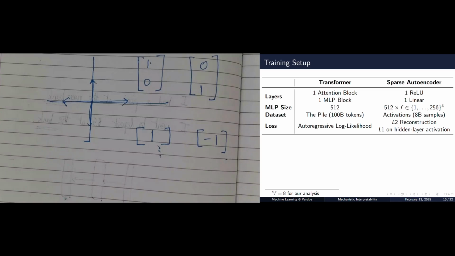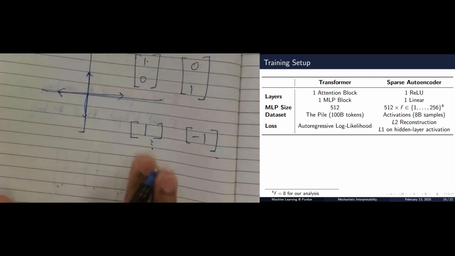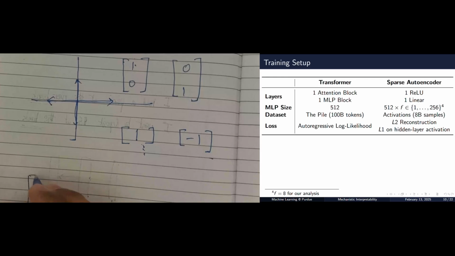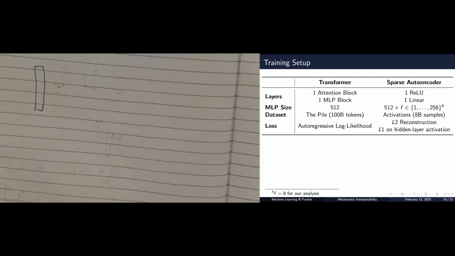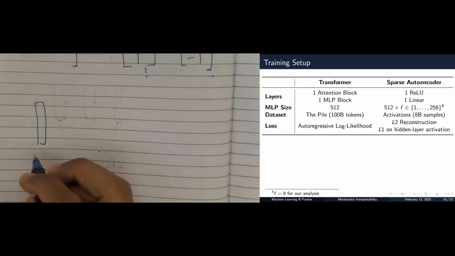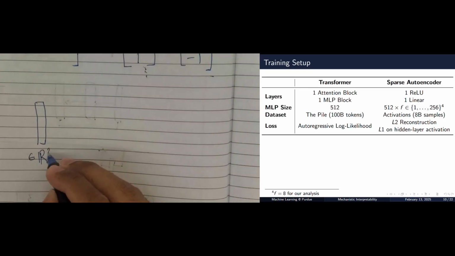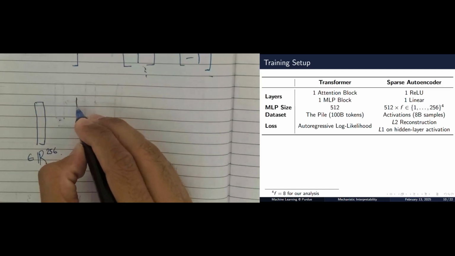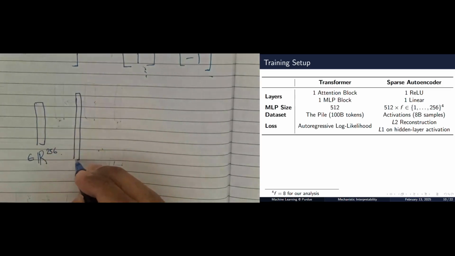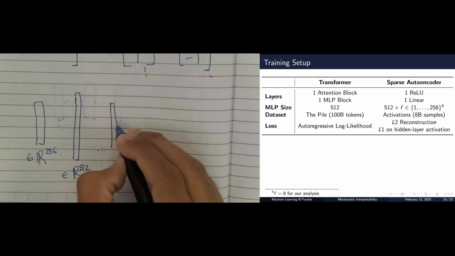This is a more formal way of showing that exact thing. You have the standard transformer, or one toy model setup of the transformer that was there from the previous slide. You have one attention block, one MLP block. In the MLP itself, you have, for example, 256, and then this goes up to 512, I guess, from our example, and then you go back into the original feature space.